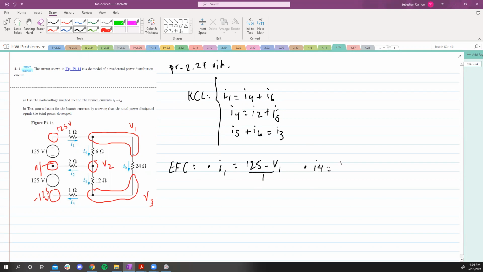I4 equals V1 minus V2 over 6. I2 equals V2 minus 0 over 2. I6 equals V1 minus V3 over 24.